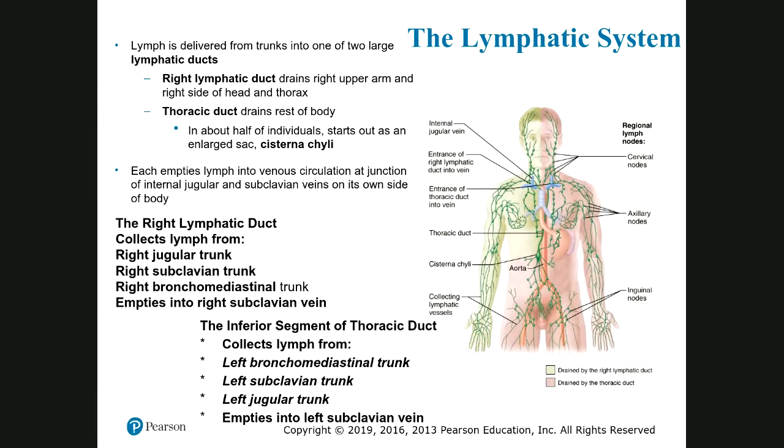It drains lymph from the right thoracic cavity, and you can see the lymph from the right lung. You can also see that the lung drains into the right lymphatic duct, the right part of the lung, not the left.